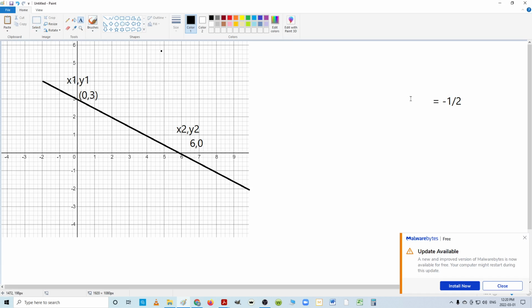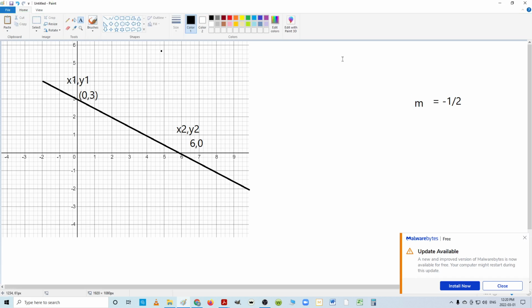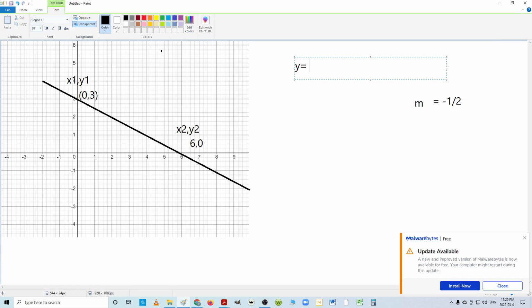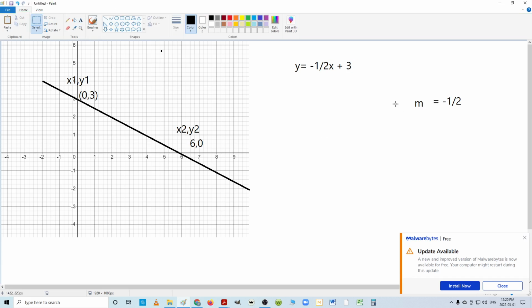And I can tell you, because I can see the y-intercept very clearly, slope is always called m, that the formula is going to be this. That's going to be the formula. But let's pretend I couldn't figure that out. I now have the slope. I can also see two very easy points, 6, 0 and 0, 3.